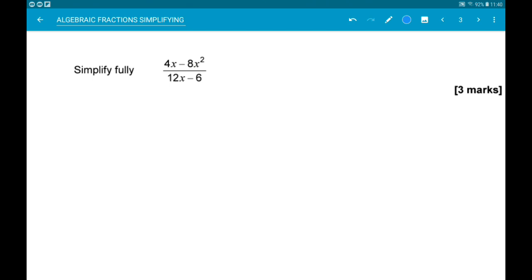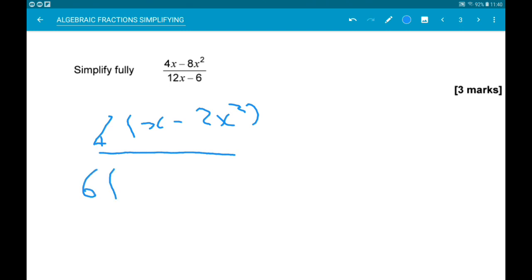So my first move would be to factor out any numbers. So up on top, we can write this as 4 times x minus 2x squared. And on the bottom, we can write that as 6 lots of 2x minus 1.